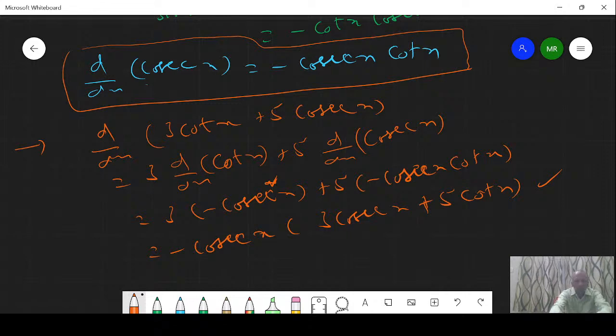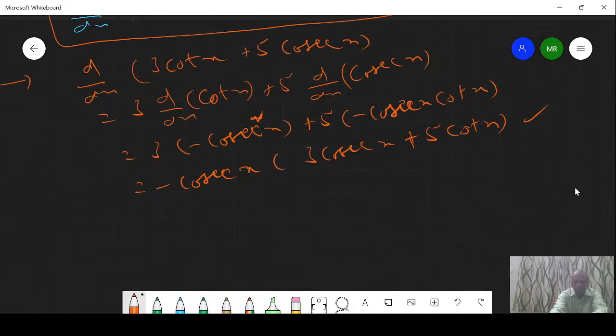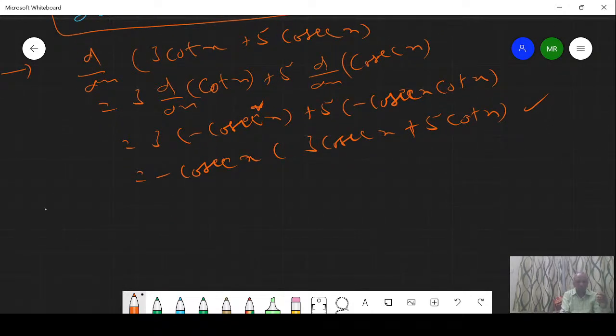d by dx of 5 sin x minus 6 cos x plus 7. Let us find the derivative of this.